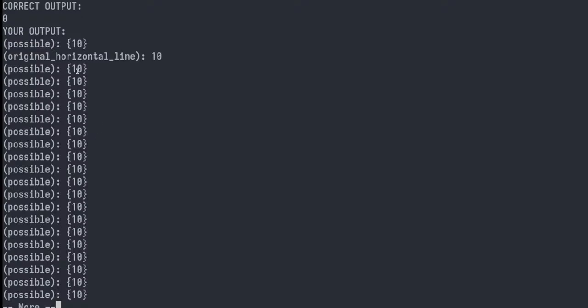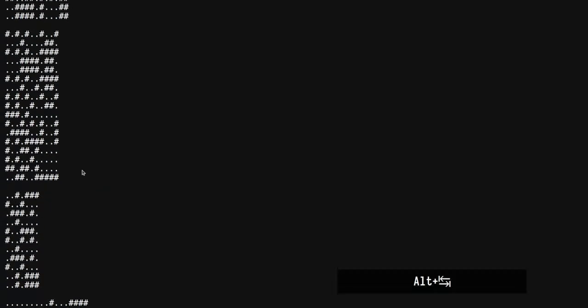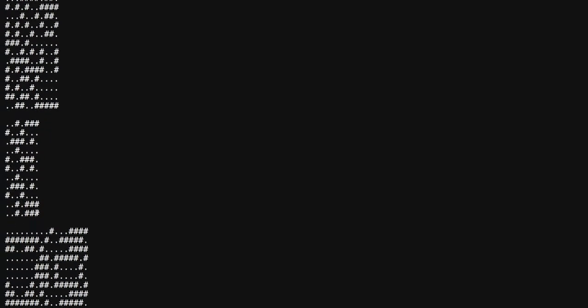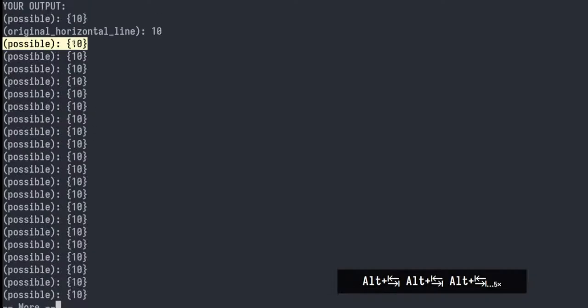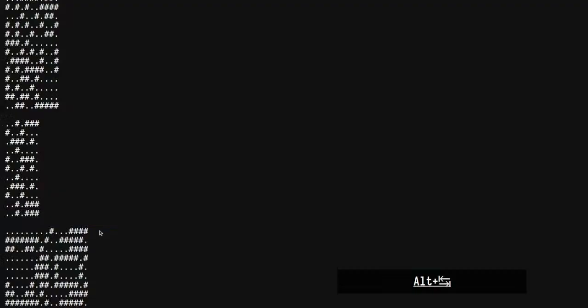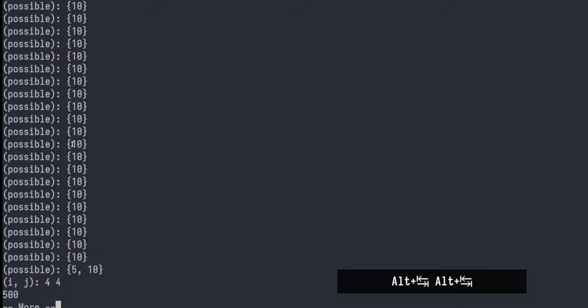Now this possible 10 10 10 is because, where is that test case? We know that the horizontal line for this test case is 10 at this row, but even if you change multiple of the things anywhere here, so I hope these are, how many of these lines are there? 50 maybe.